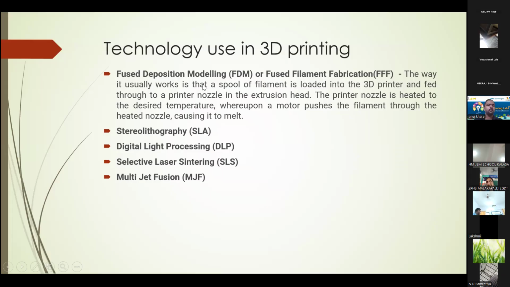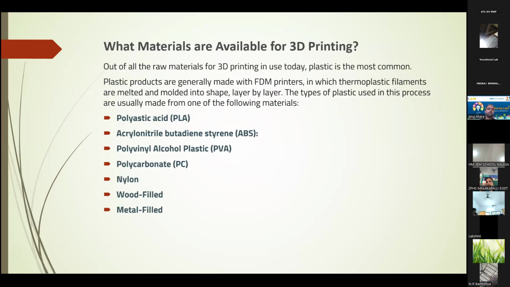Then we come to the material part. There are different types of materials available for 3D printing, but our 3D printers definitely support two filaments, PLA and ABS. In most schools, as far as I know, everyone uses PLA. Rarely, some schools use ABS.